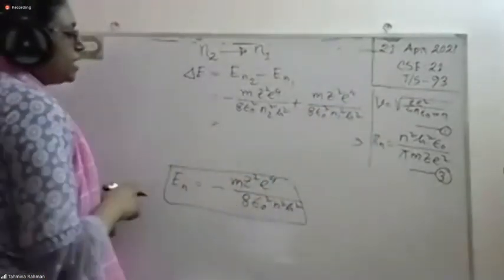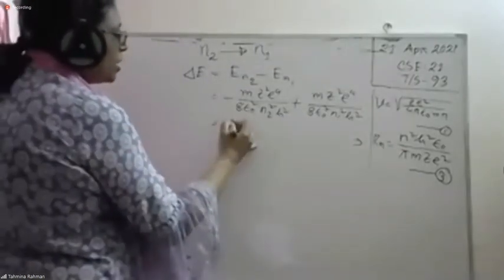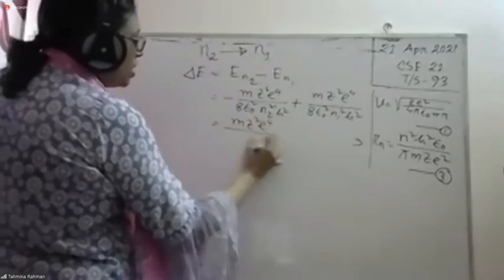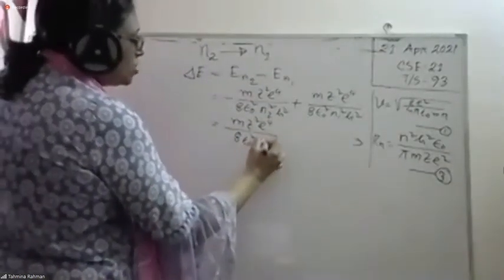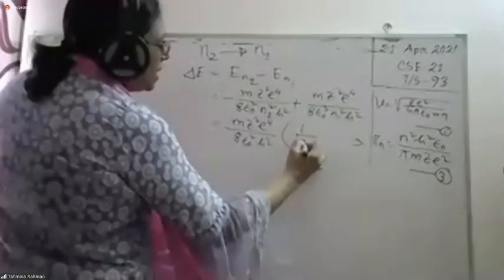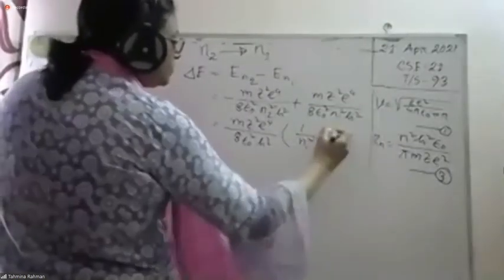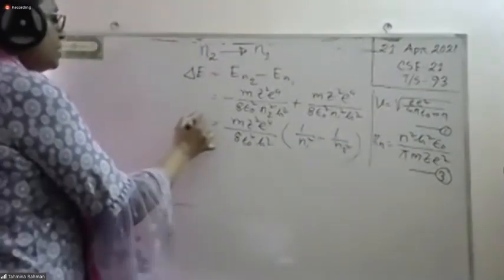Now we can take common from here. So m Z squared e to the power 4 over 8 epsilon naught squared h squared, all are common. Inside we can write 1 by n1 squared minus 1 by n2 squared. That's all.